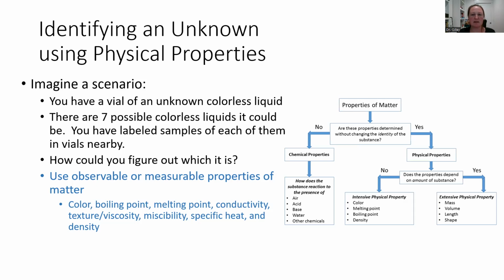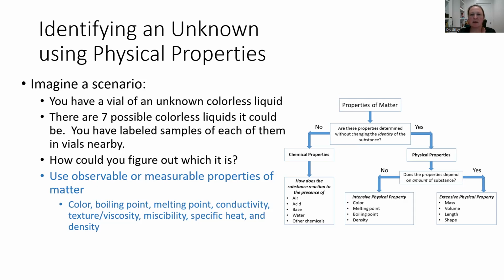Will the 2 liquids mix, or will they form distinct layers? You could talk about density, right? Density is a measurable physical property, and so you could weigh out a particular portion of it, also measure the volume and calculate the density and see if it matches any of the known substances. So we're looking at all of these properties of matter.